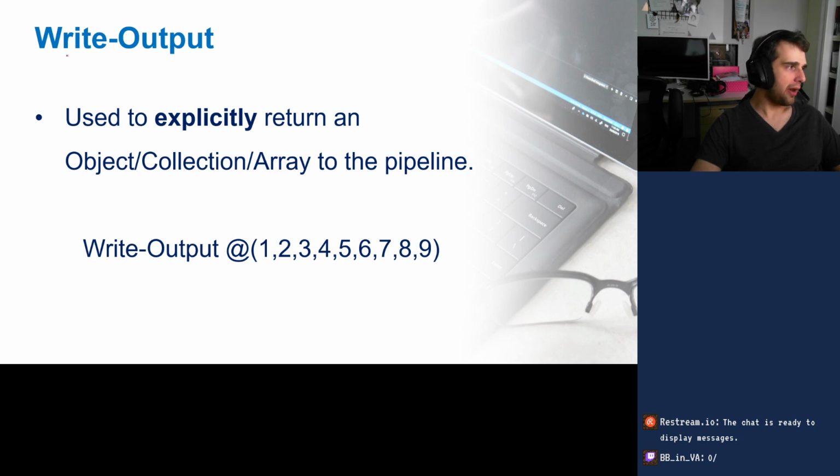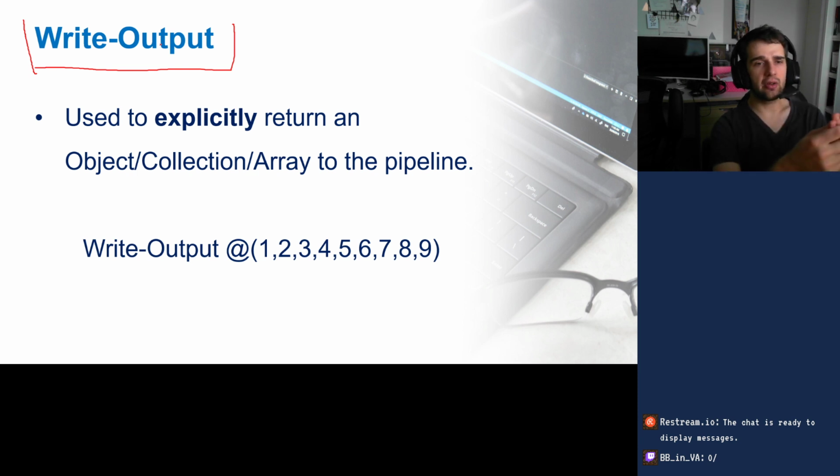Now, one of the things with Write-Output is that if we have an object or an array or something that's not declared in a variable and it returns to the script block or to the script, and it's not stored in a variable, it would be treated as a Write-Output. What that basically means is you don't necessarily have to use it. It's just a really good way to communicate when you're writing code, to be able to say, hey, I am putting something onto the pipeline versus kind of trying to go through and find it.